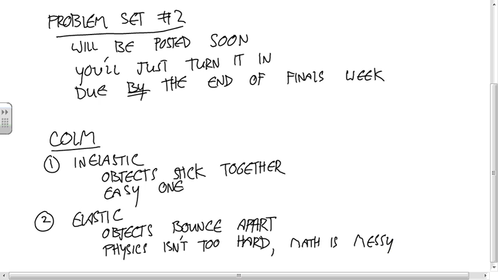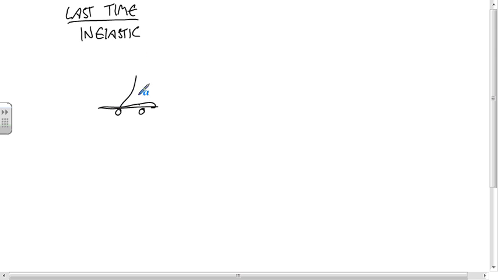So last time, I think we finished with a problem like this. It was an inelastic collision where there was a person on a skateboard, cool pants.